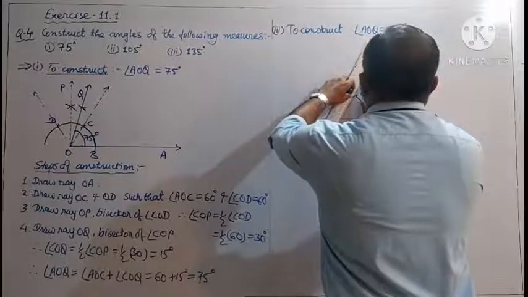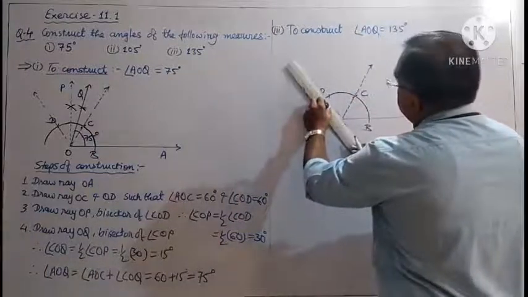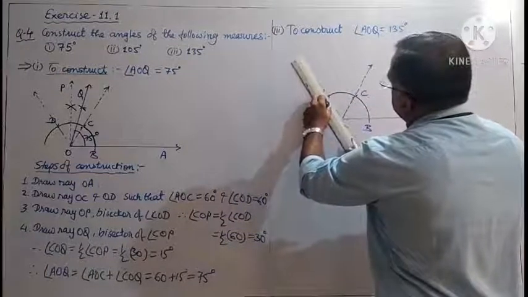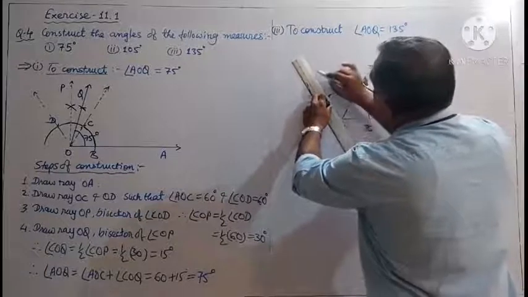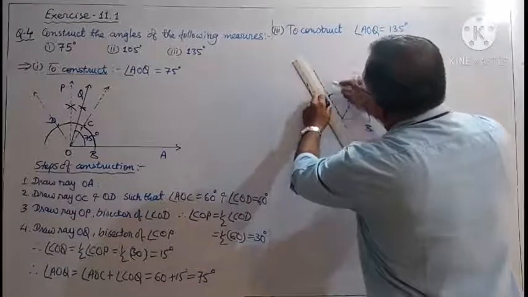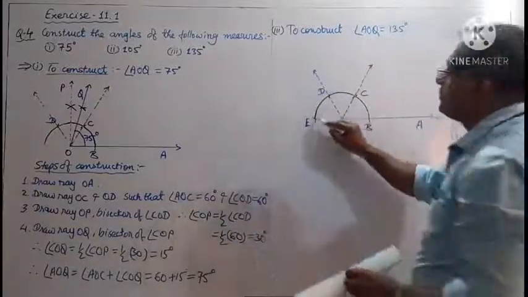You will get 60 degrees. Then COD is also 60 degrees, so AOD is 120 degrees, and EOA is 180 degrees.